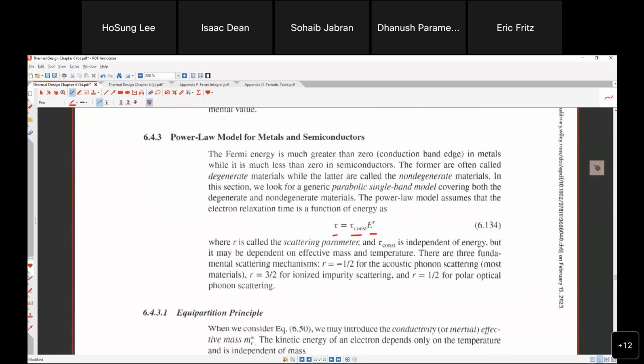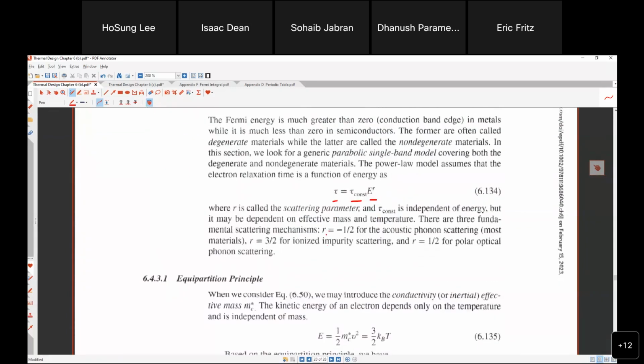And then r depends on the scattering mechanism: minus half is acoustic phonon, 3/2 is ionized impurity, and 1/2 is polar optical phonon scattering.